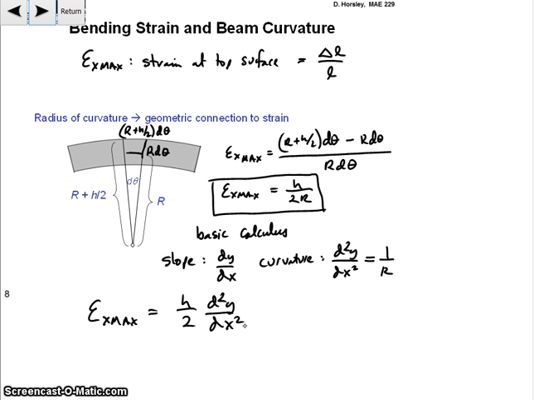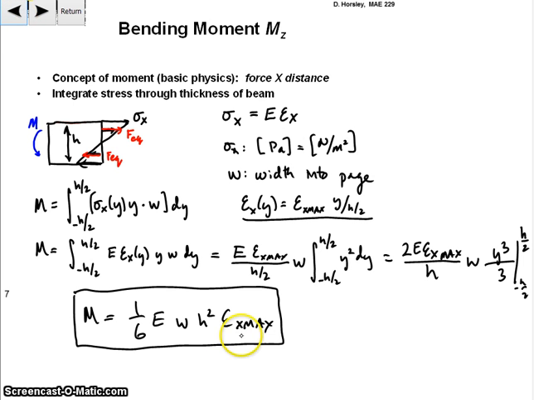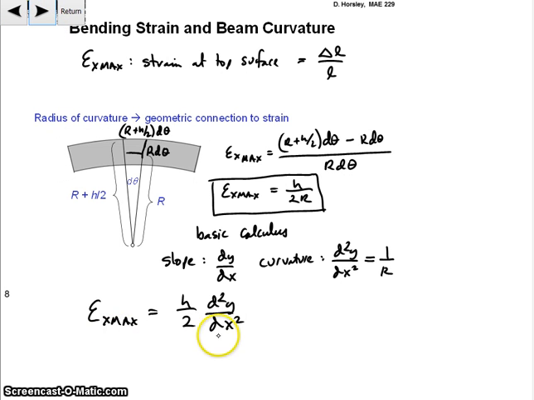And how are we going to use this? Well, we have a relationship that relates the bending moment to the strain, and now we have a relationship between the strain and the curvature. So we can connect these two things together. I have to cheat a little bit and look back at what the previous one says. It said M is equal to 1/6 E w h squared times epsilon x max.